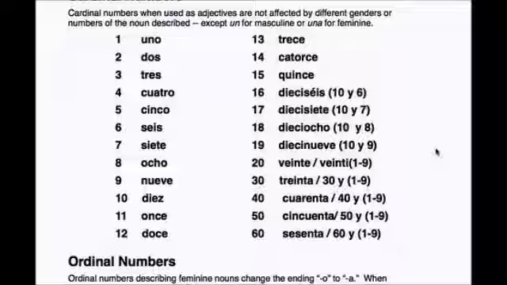El problema. The problems, los problemas. I have two problems. Yo tengo dos problemas. So that's how we do it. We put the number in front of the noun and then the noun has to go to plural.